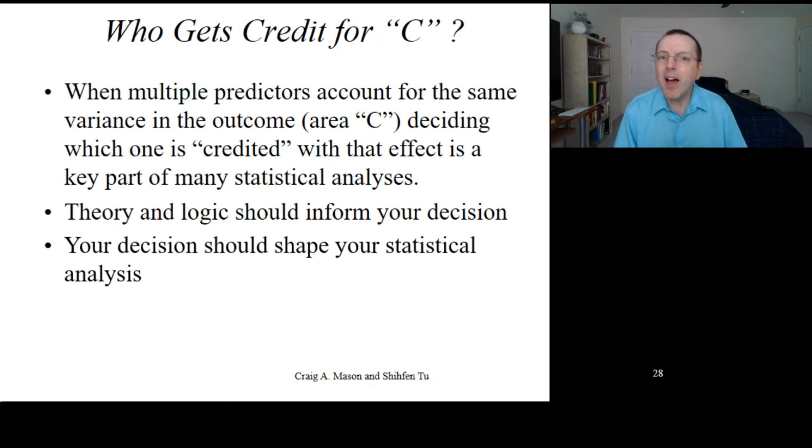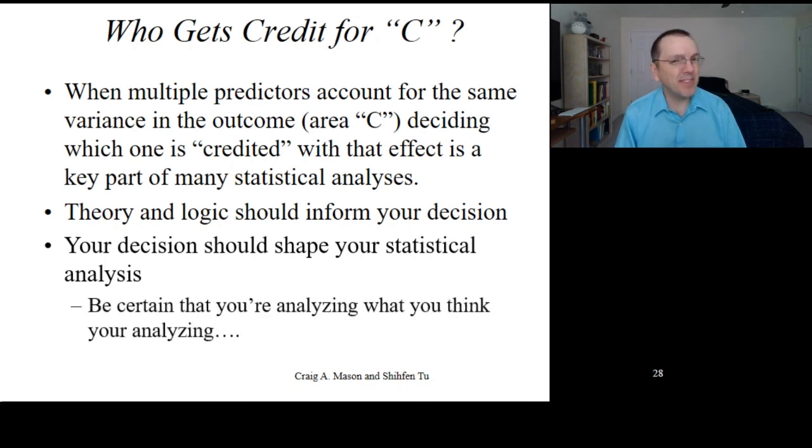How do you analyze and interpret the data in a way that gives the correct variable credit for that overlapping C variance? Sadly, you'll see people think that they're giving one variable credit for the overlapping variance, and in fact, statistically, they're giving the credit to a completely different variable.